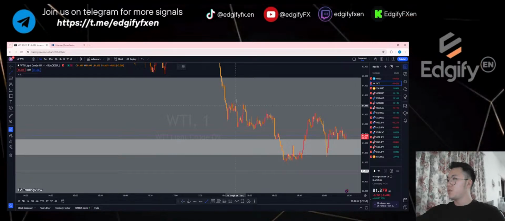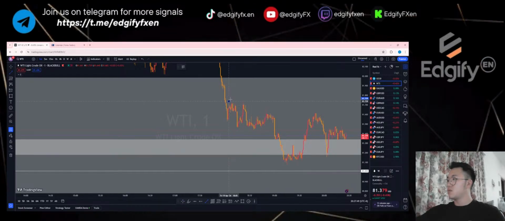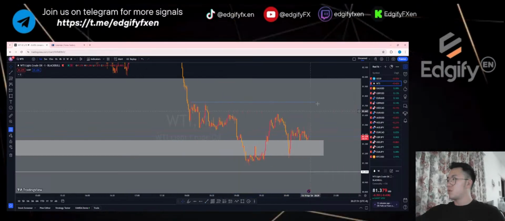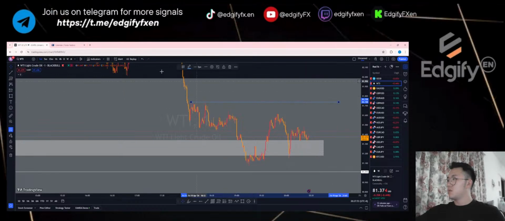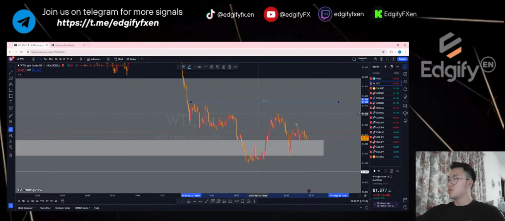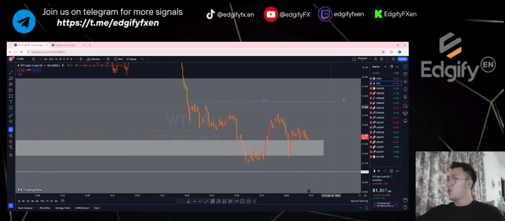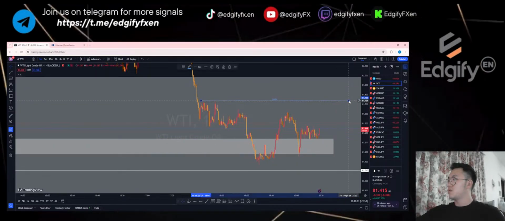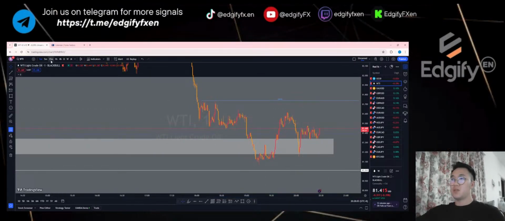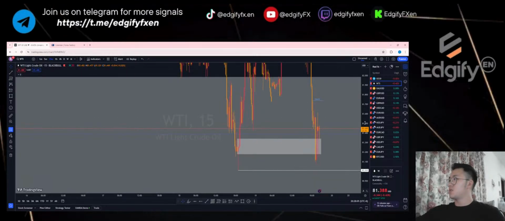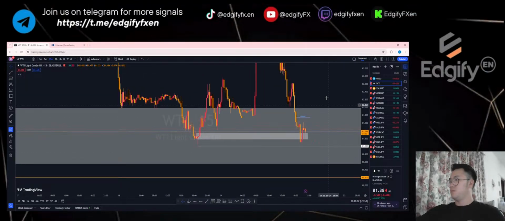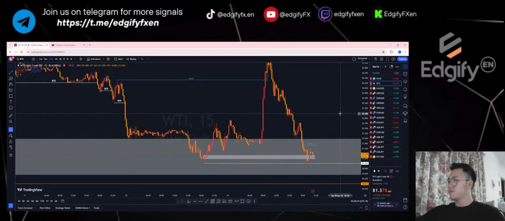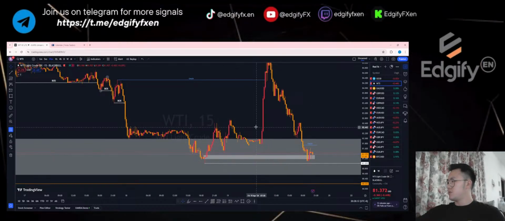Basically on the 1 minute, we are looking at the price here to be broken. In order to be conservative to take a trade, we are waiting for this price to be broken first. We'll just sit back and wait for it to happen before we jump in.